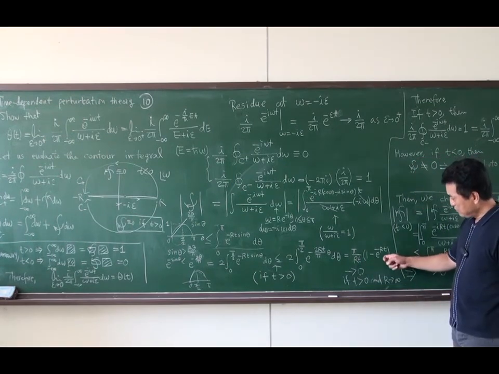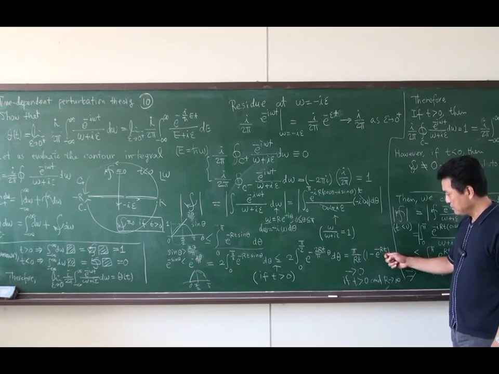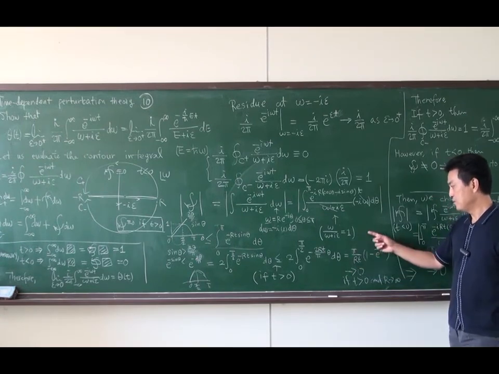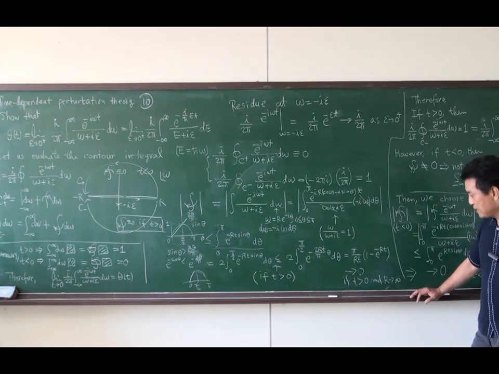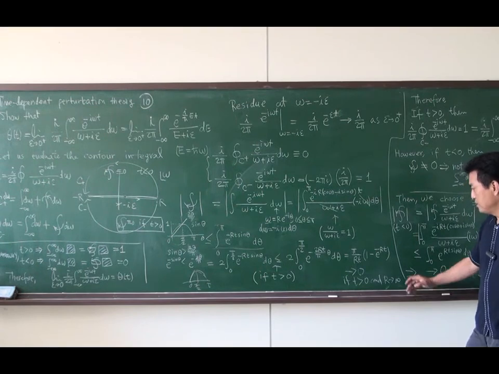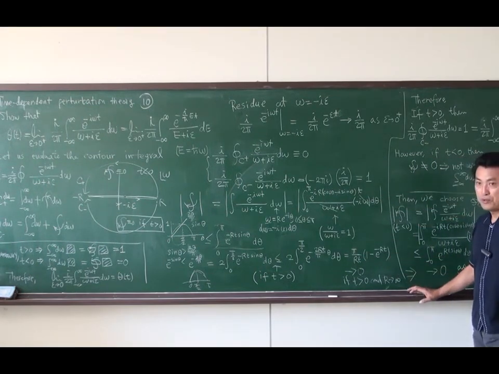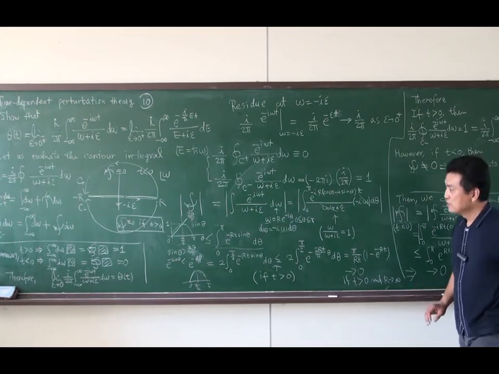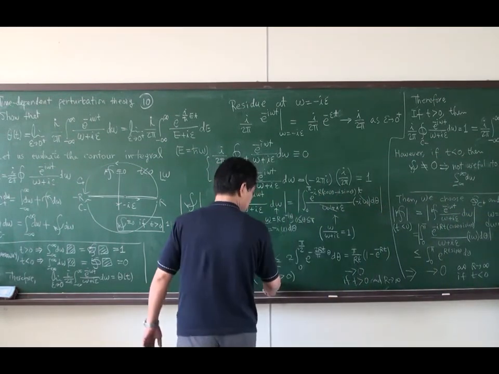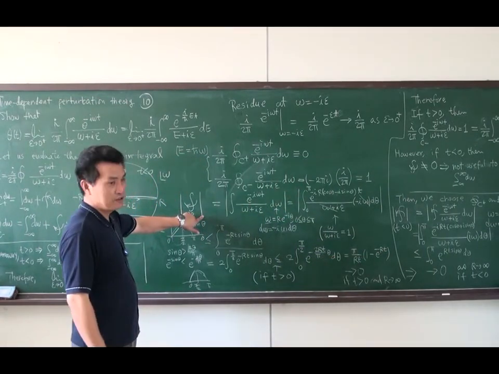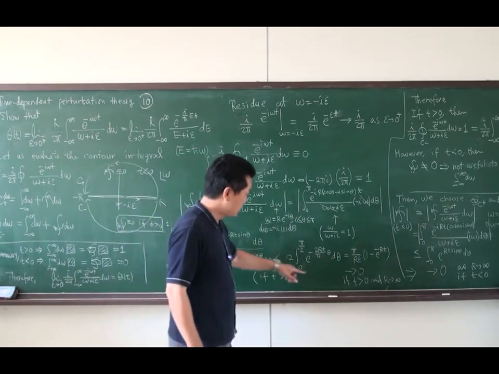However, if t is negative, this exponential factor blows up and the whole integral is not finite. So only if t is positive, this value goes to 0. So when t is positive, the upper bound of the absolute value of this integral approaches 0.